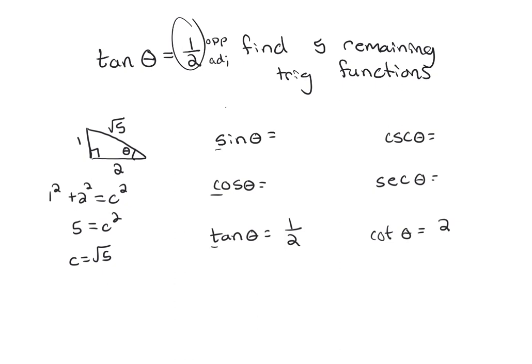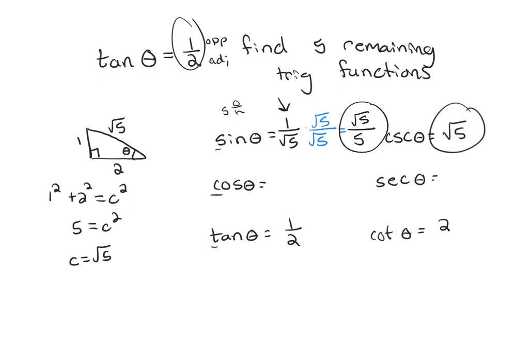Okay, sine, opposite over hypotenuse, so 1 over square root of 5. Rationalize the denominator. So that would be square root of 5 over 5. And then if we flip this, cosecant is just square root of 5.